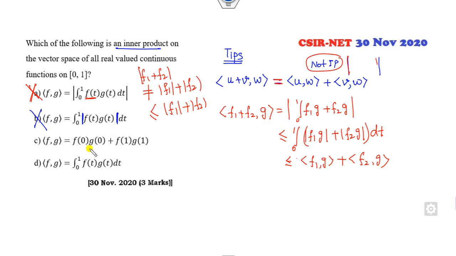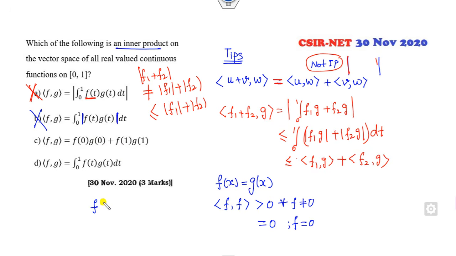Look at this. This is a particular value. Very simple again. You can consider any function like f and g both the same. Then this value is greater than 0 for all f which is non-zero, and if it is 0, then f must be 0. Now what you can do, I can choose one function over the domain 0 to 1, say 1 minus x, or you can choose x, where x lies between 0 and 1.